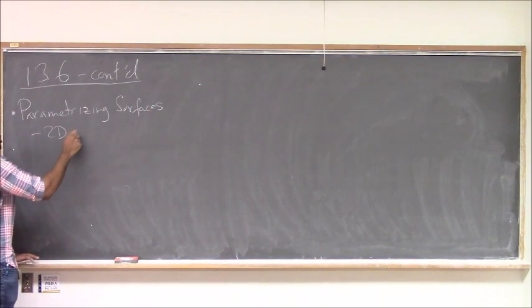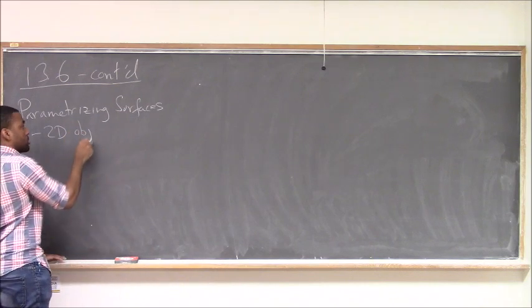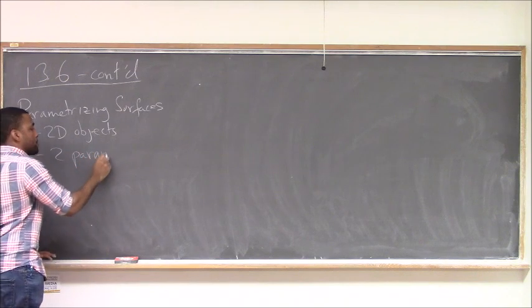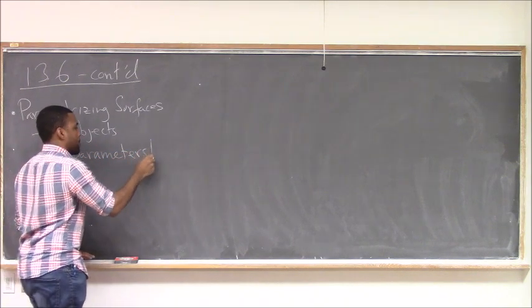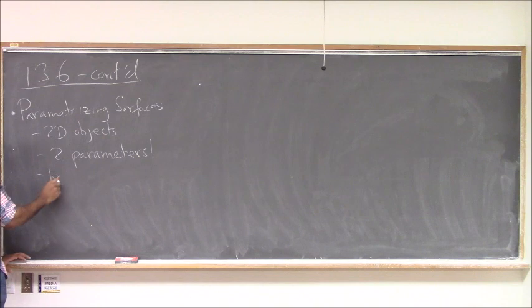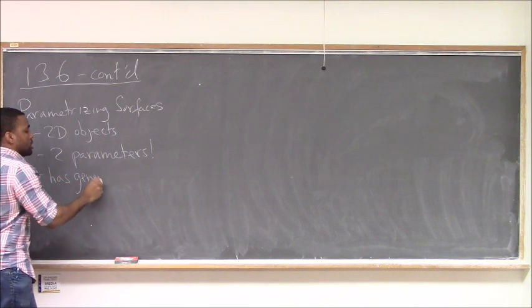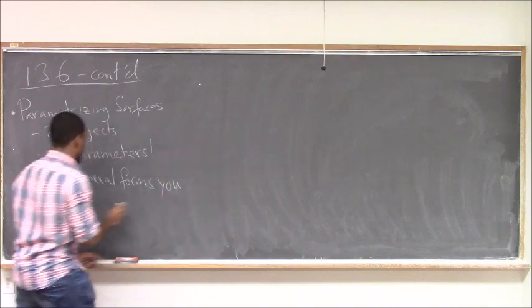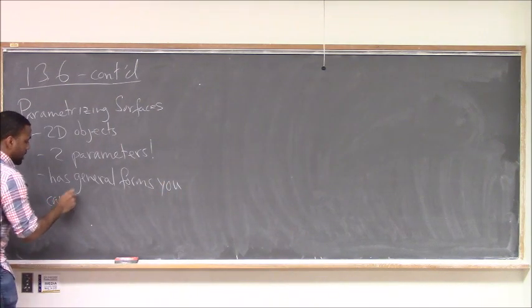What you need to remember is that these were 2D objects, which means they have two parameters, and they have general forms you can exploit.